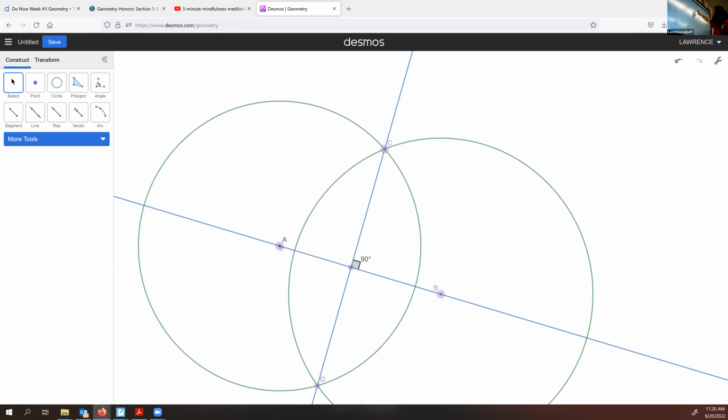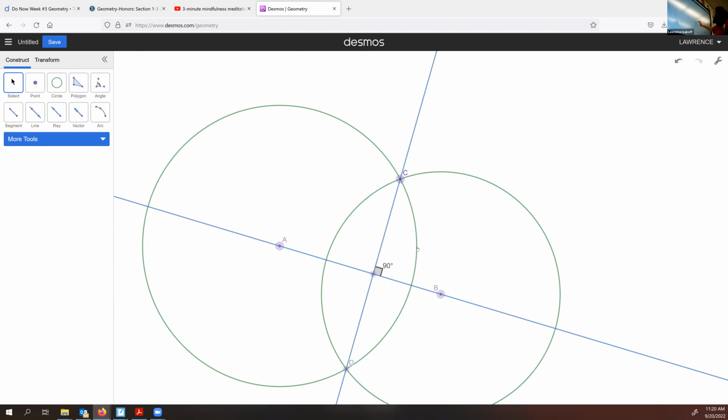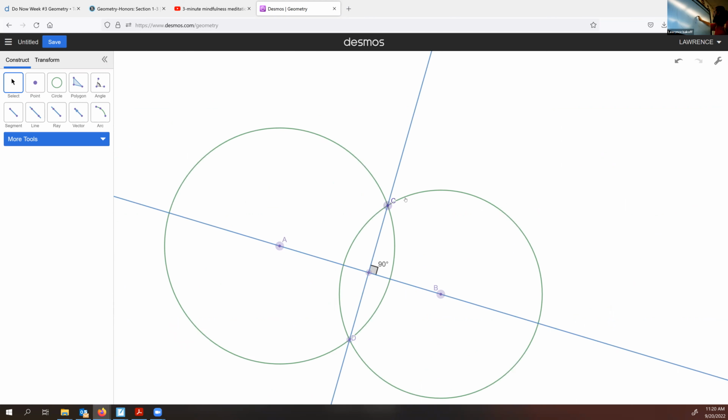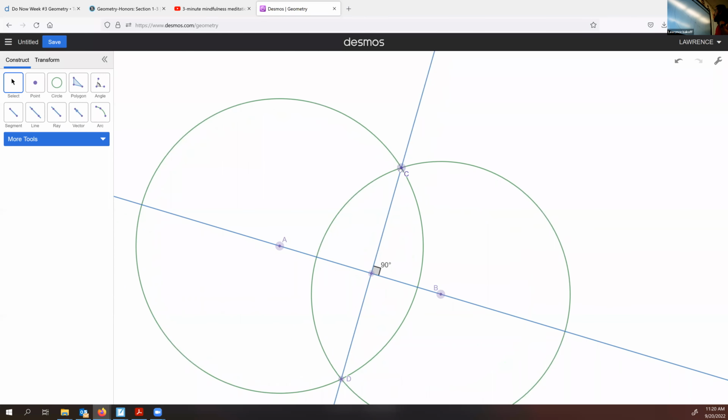I can even move C all I want. As I move C again, you're seeing point C just keeps the right angle. So no matter how I go to try and move this, we maintain that right angle.